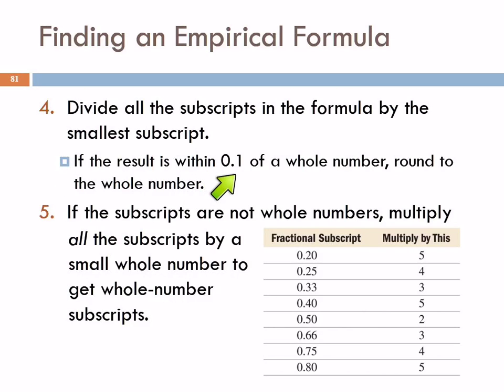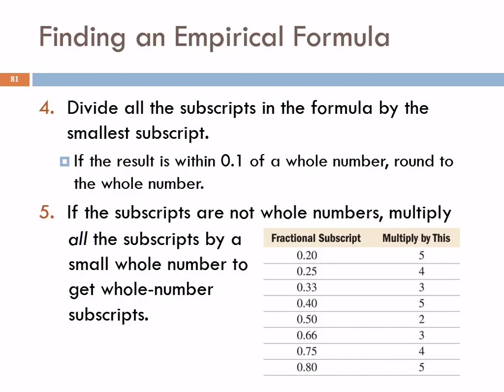If it's within 0.1 of a whole number, you can round. If it's different, like if you get 2.25, that's not within 0.1 of a whole number. You can't round it. What do we do if we can't round it? We multiply.